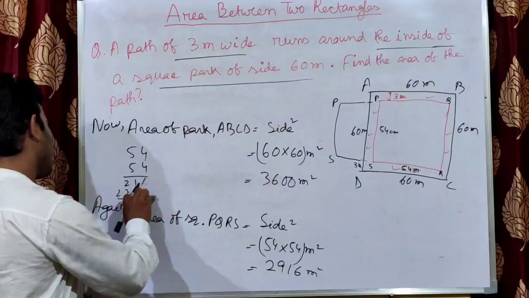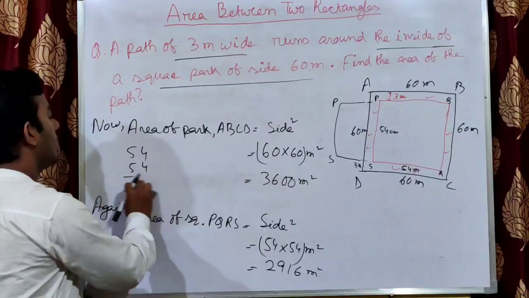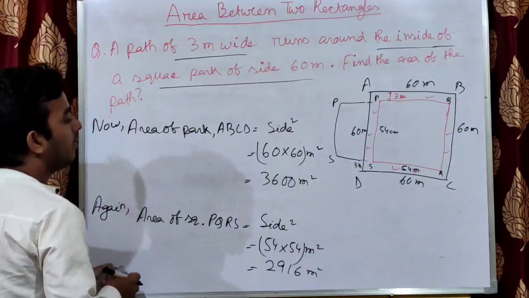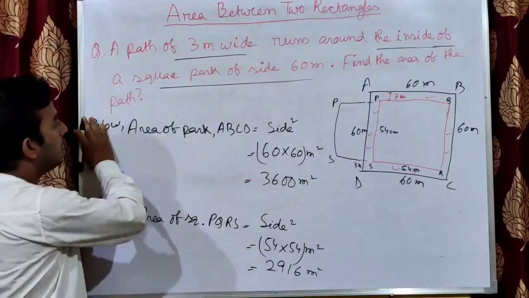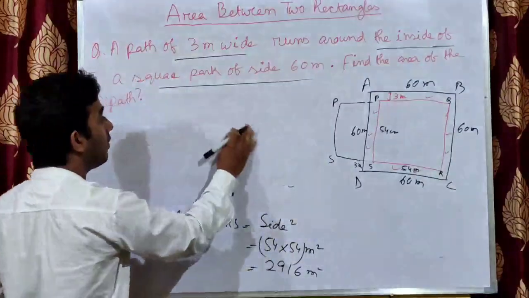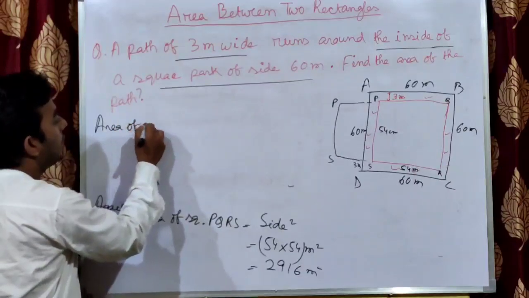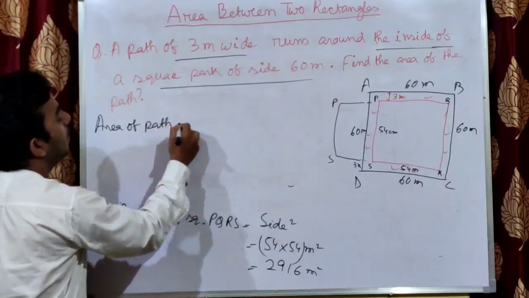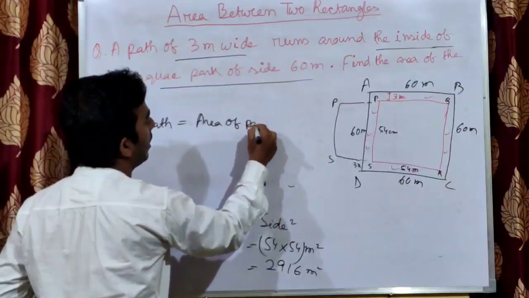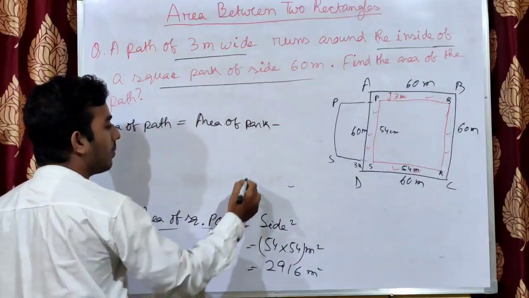2916 meter square. Now next we will subtract 2916 from 3600. So at last we have to write the area of the path. Area of path will be area of park minus area of square PQRS.